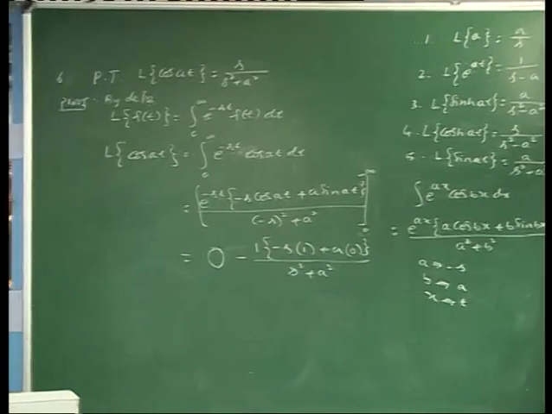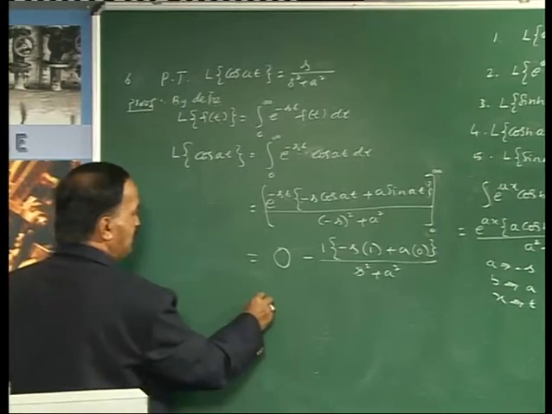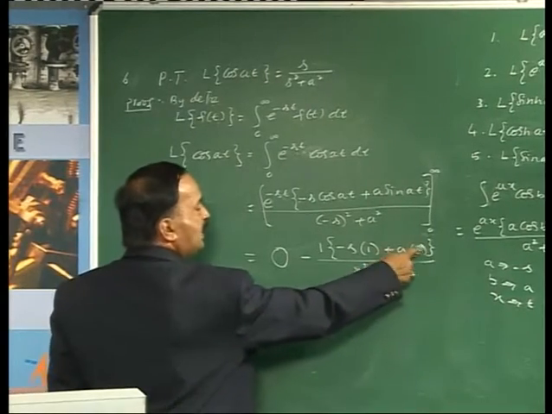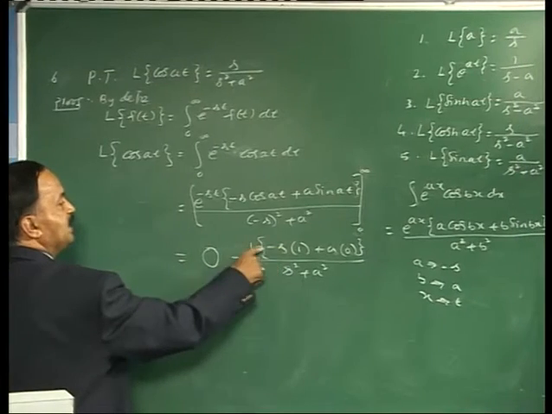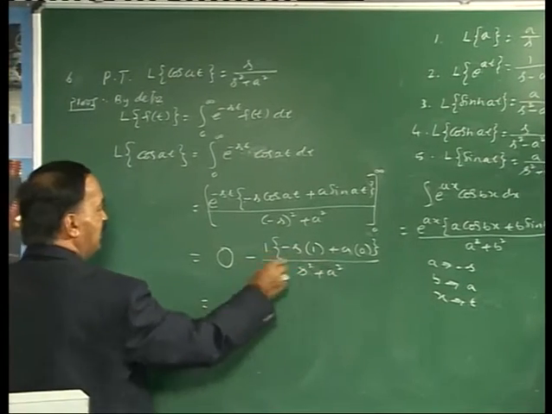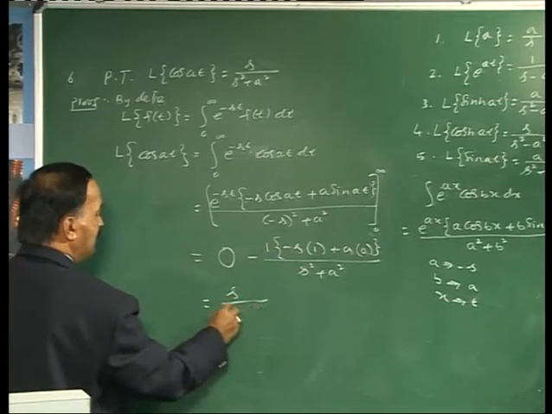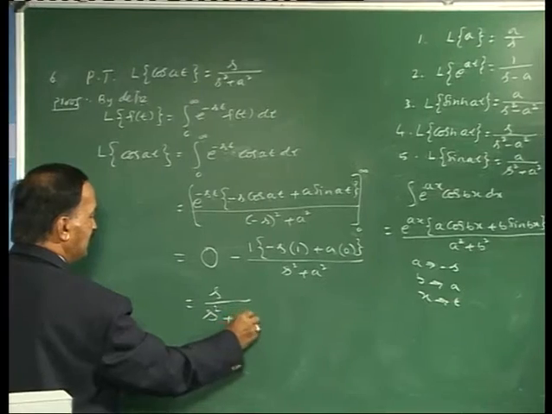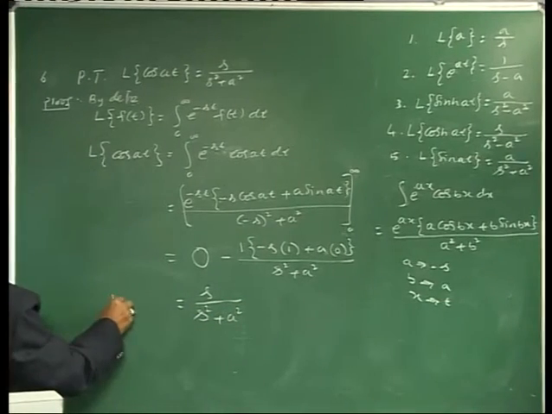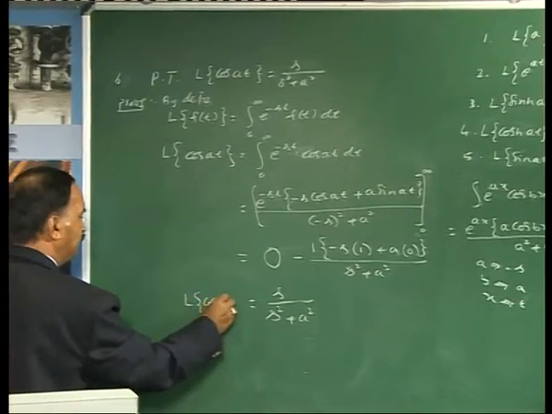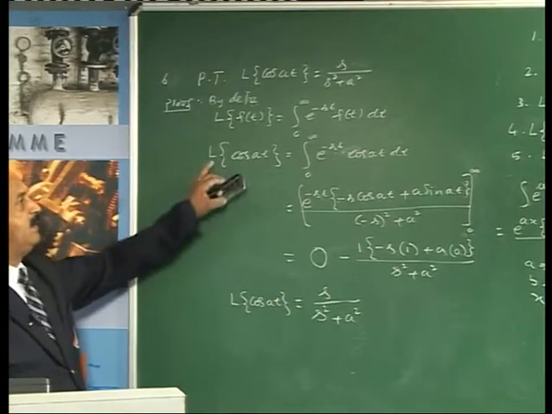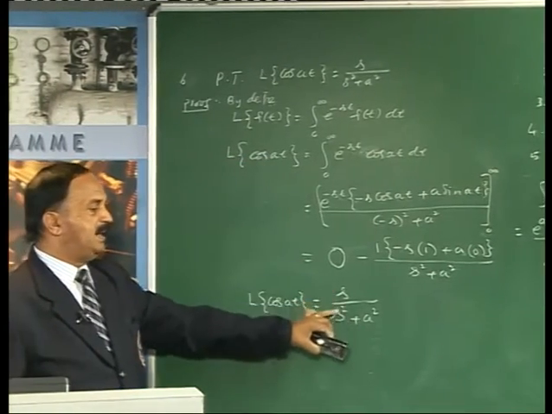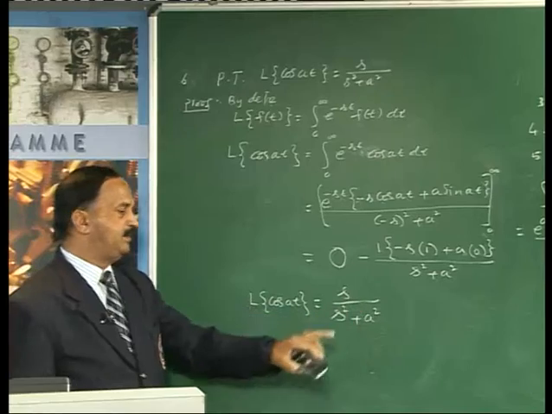After simplifying, a into 0 is 0, and minus into minus gives plus, s into 1 is s, so s divided by s square plus a square. So L of cos at is equal to s divided by s square plus a square.